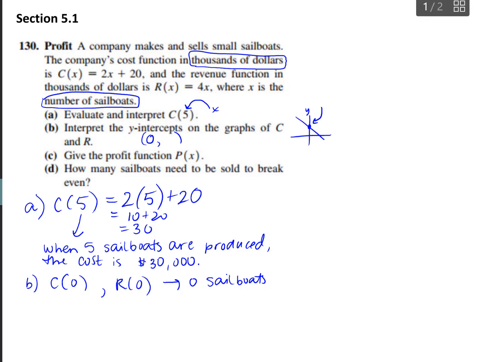So for C of 0, if I plug a 0 into the cost function, 2 times 0 plus 20, it looks like I have an initial cost of $20,000. This would be something like a setup cost, setting up your factory or buying your preliminary materials. For R of 0, 4 times 0 equals 0, which makes sense because we should have 0 revenue when we've produced and sold 0 product.